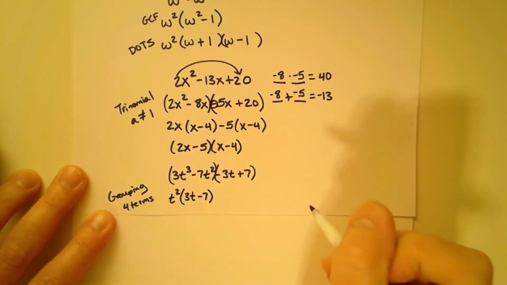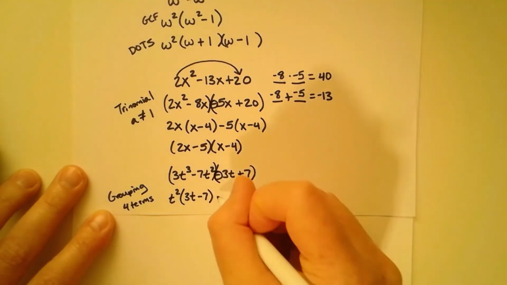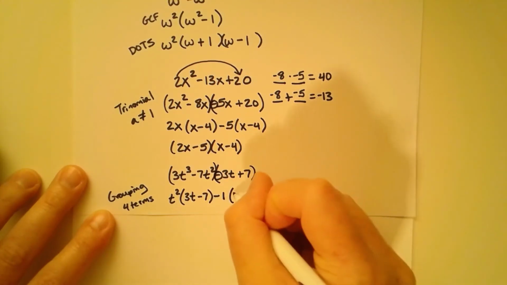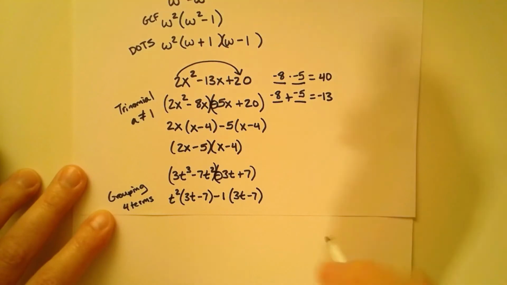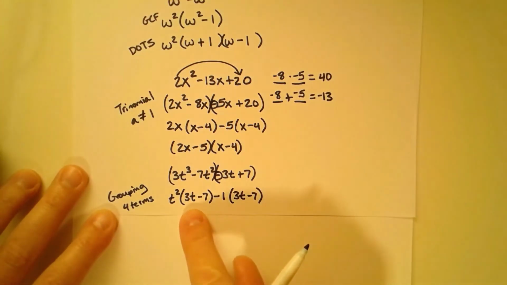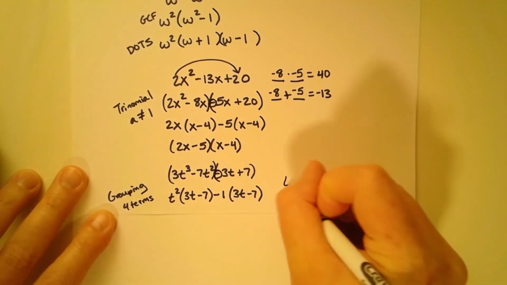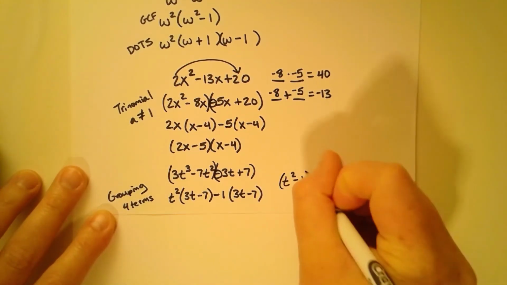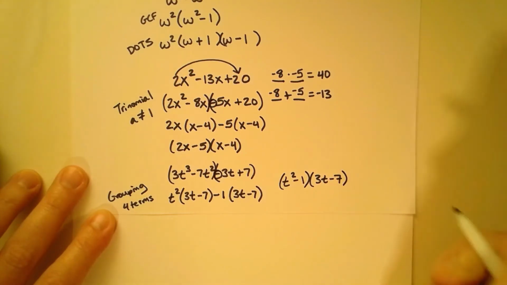And then from the next group, I could take out just a negative 1, but that will help my factor that's left over to match the 3t minus 7 from the first group. And then I need to put together the t squared minus 1 that I took out, and the 3t minus 7 is my other factor.